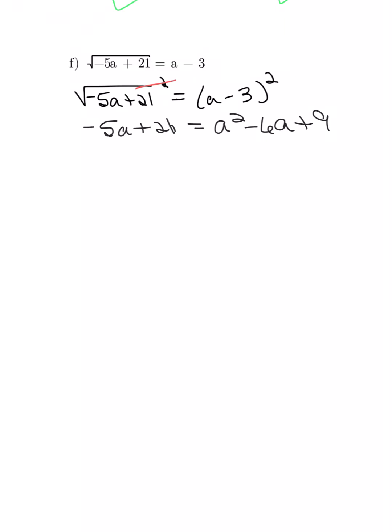We have a square on the right side that's positive, so we're going to move the terms from the left to the right to get our 0. This will give us 0 equals a squared minus a minus 12.